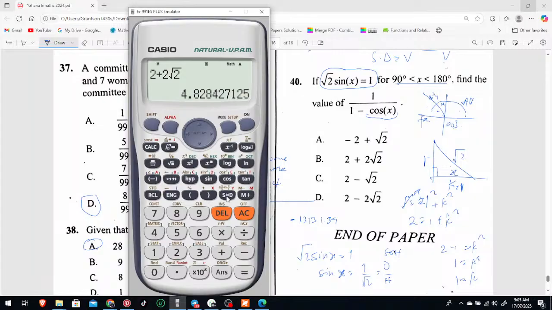We don't get that value. 2 minus root 2, 0.5. We don't get that value. 2 minus 2 root 2. We also don't get that value. Maybe we are doing something wrong here. The angle is 45 degrees.